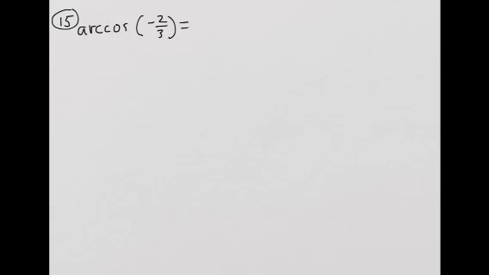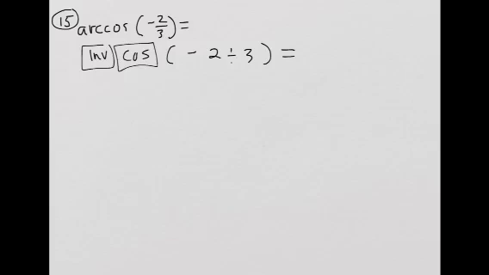So all you have to do is inverse cosine, again make sure you use parentheses, of -2 divided by 3, close parentheses, equals. You input that into your calculator and you should get 2.30.